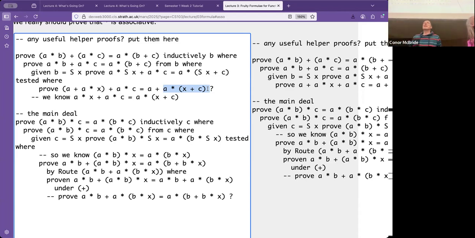I'm just trying to gain some time to figure out what the next move is. Well, we want to replace the highlighted expression by the corresponding left-hand side of the induction hypothesis. Yes, so somehow we want to move those brackets to another point.